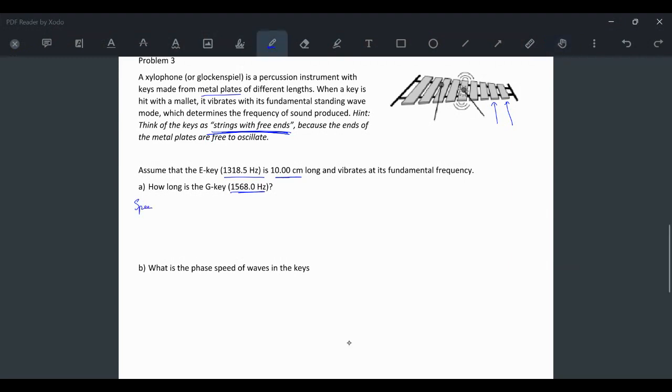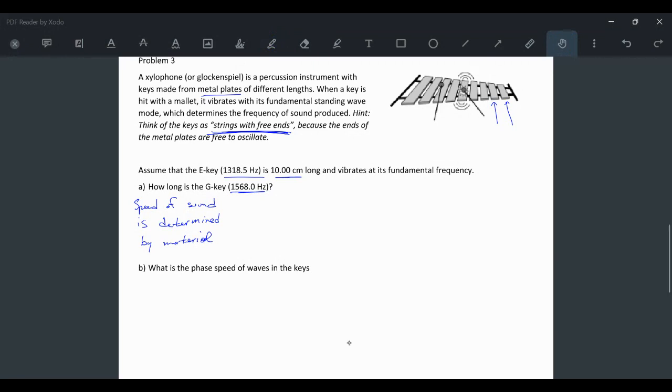So the speed of sound is determined by the material that is the medium through which the sound traveled. So if these keys are all made of the same material, then the speed of sound in each key is the same as the next key. All the keys have the same speed of sound.